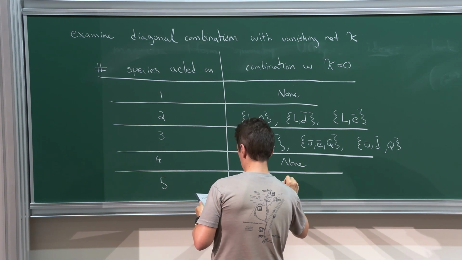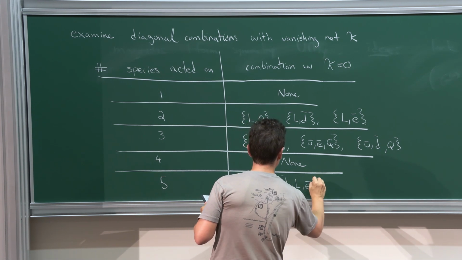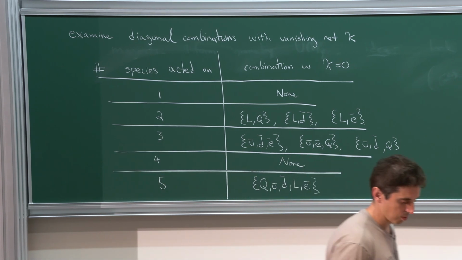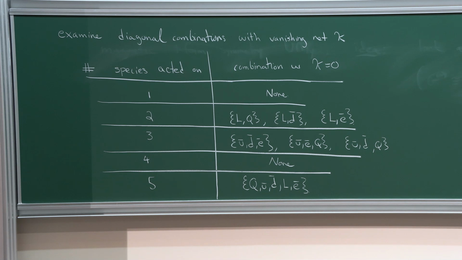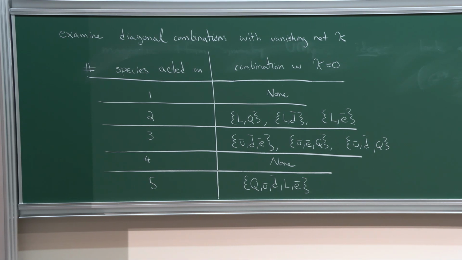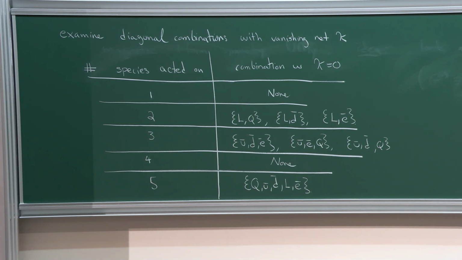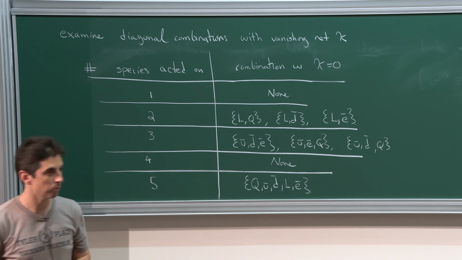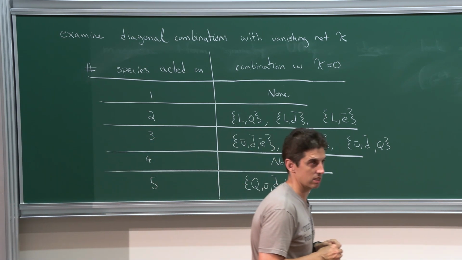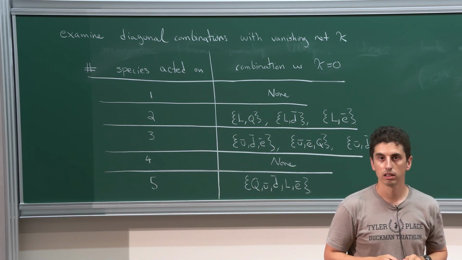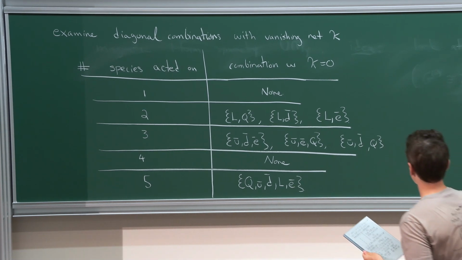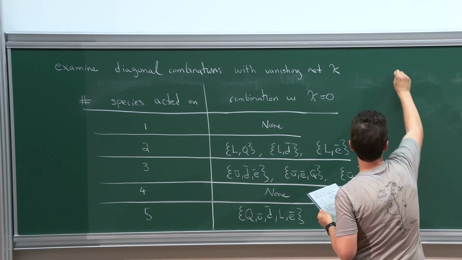Q, U bar, D bar, L, E bar. So you should think that this table tells you what are the fermions that have to be grouped into multiplets in any GUT. Obviously, you can't select all of them simultaneously. You have to select a consistent subset. But this gives you the a priori restrictions. OK, so you can have the flavor symmetry combinations on the right.